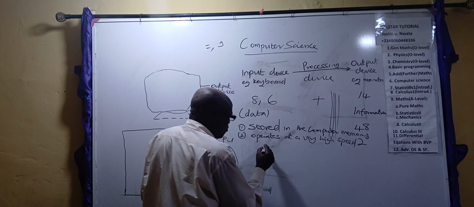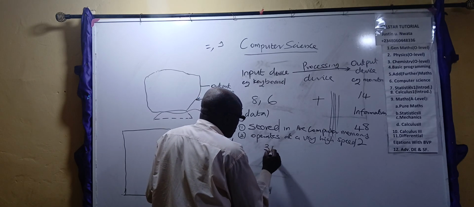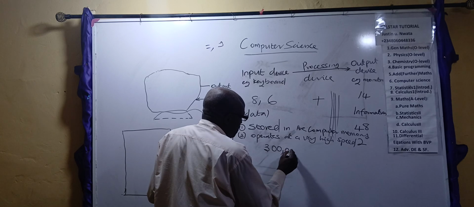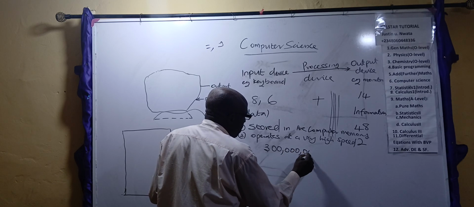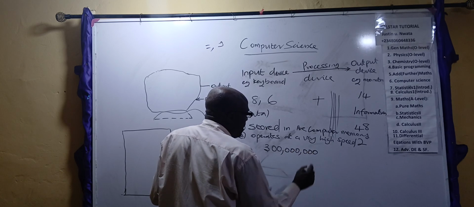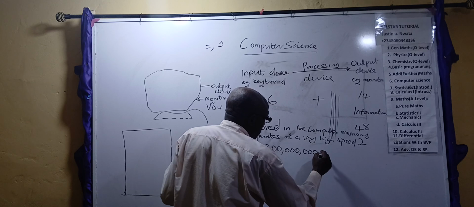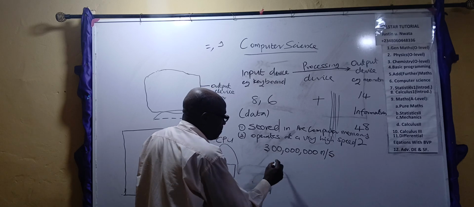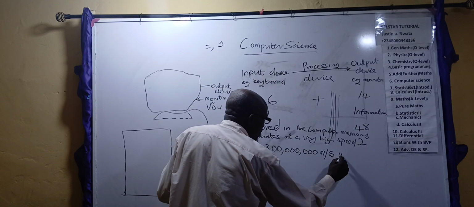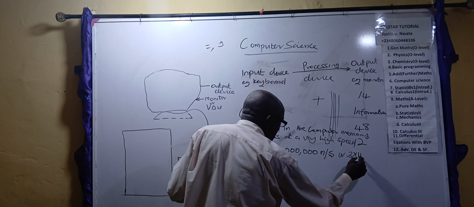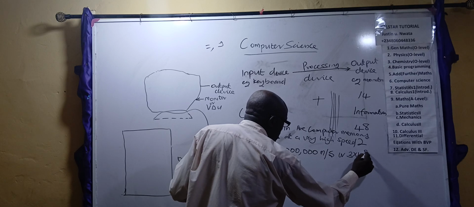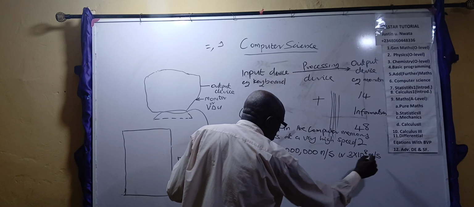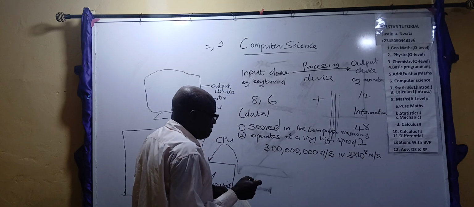The speed of light is what? 300 million meters per second. Or simply, people write it like this: 3 times 10 to the power 8 meters per second.